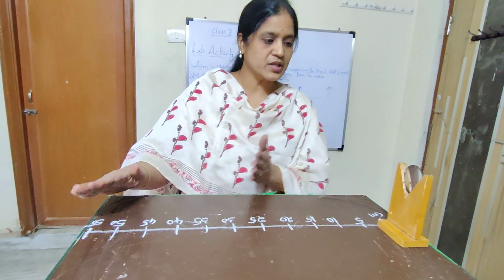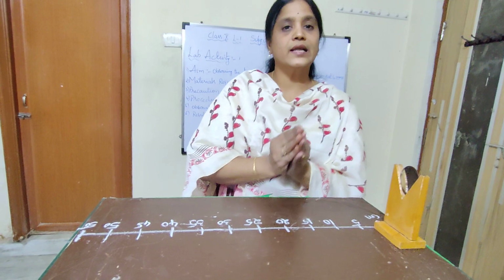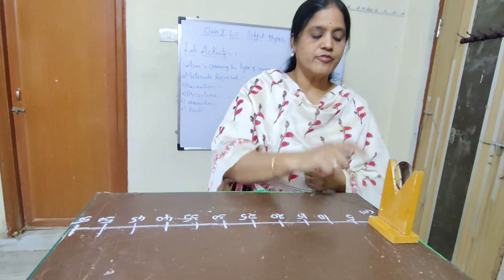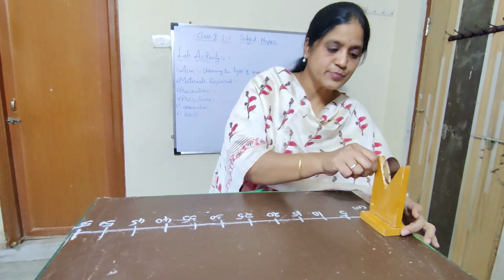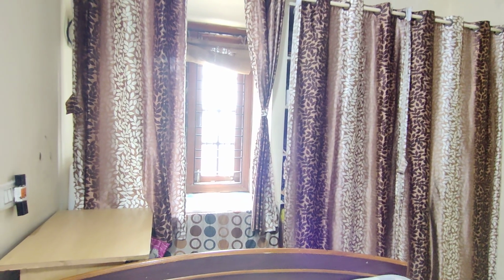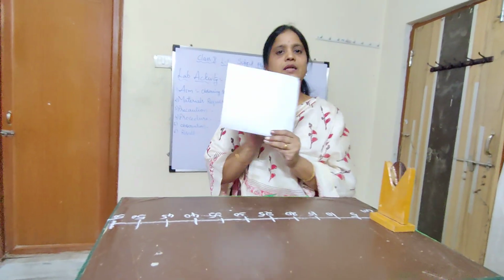Before keeping this object candle, first I will show you how we will get the real image by using this concave mirror. I am focusing this concave mirror opposite to the window. This screen is nothing but a white sheet.